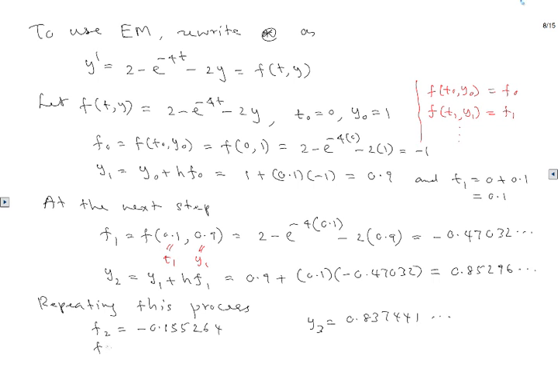And then we can do f3, which is 0.0239922.